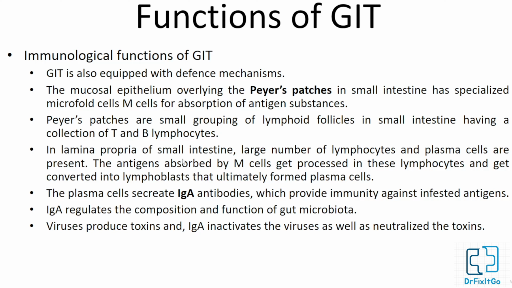In the lamina propria of the small intestine, large numbers of lymphocytes and plasma cells are present. The antigen absorbed by M cells gets processed in these lymphocytes and converted into lymphoblasts that ultimately form plasma cells. The plasma cells secrete IgA antibodies which provide immunity against ingested antigens.